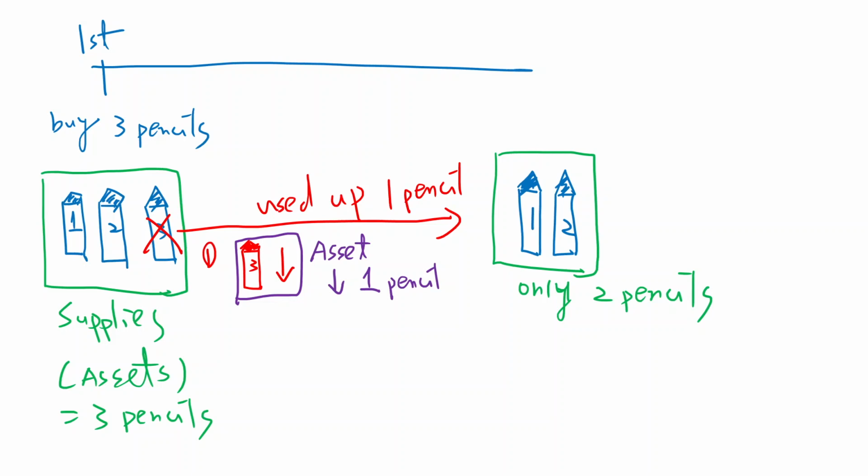Could you tell me whether pencil number 3 provides you future economic benefit? No more, because you don't have it anymore. Because you use up your 1 pencil. So that cannot provide future economic benefit.